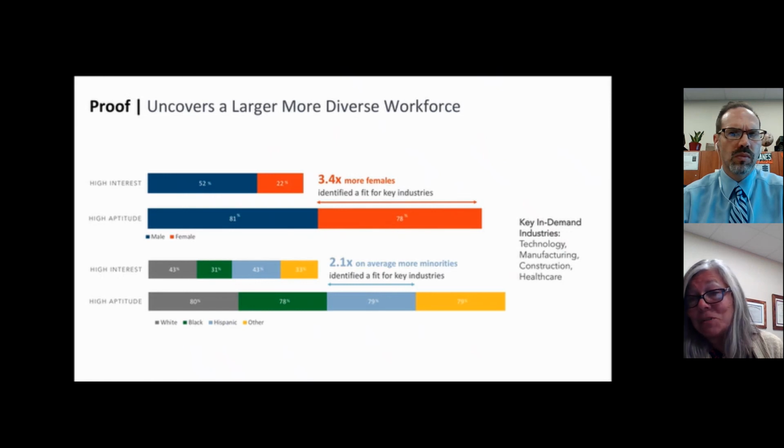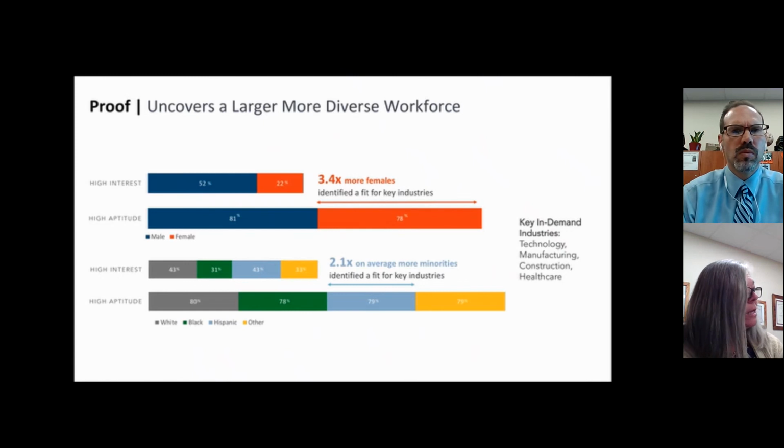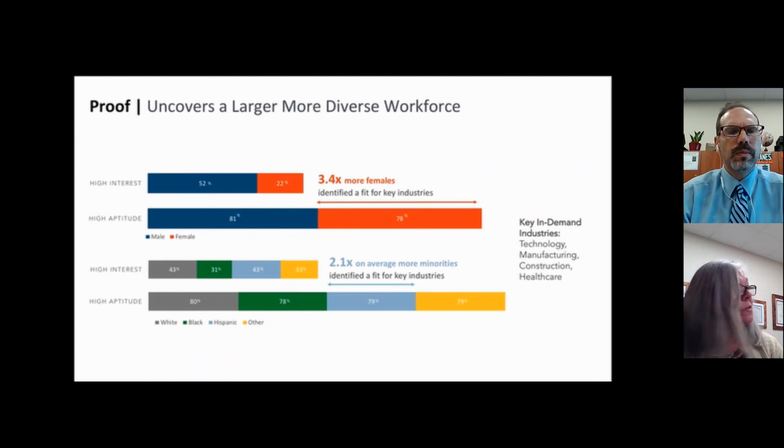But then after aptitude test, we found that 80% of white students had aptitude for those careers, 78% of our Black students, 79% of the Hispanic students, and 79% of other ethnicities. So again, it just opens up the door.